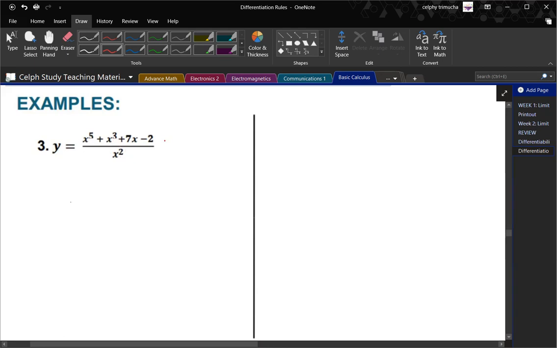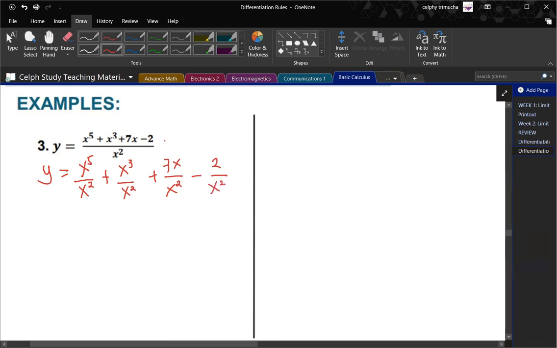pero with negative exponents. So transform natin ang ating equation, y is equal to, so separate natin siya isa-isa, we'll have x to the fifth all over x squared plus x cubed all over x squared plus 7x all over x squared minus 2 all over x squared.